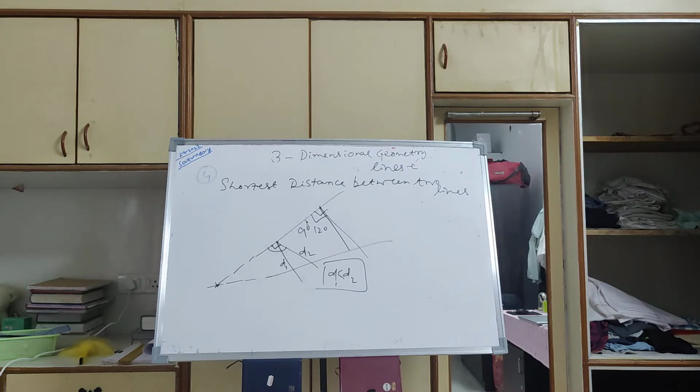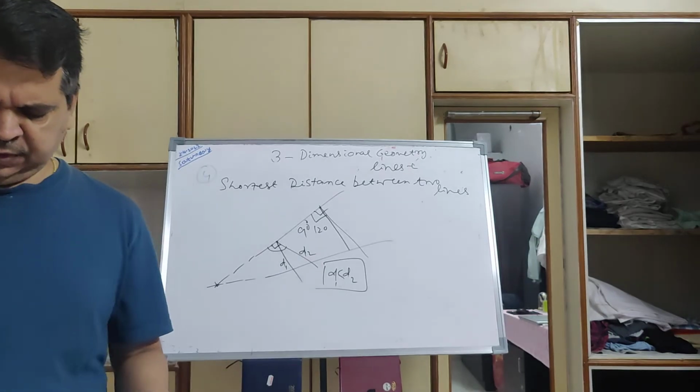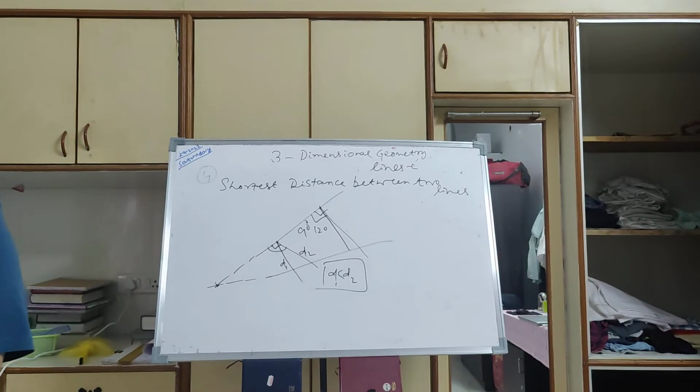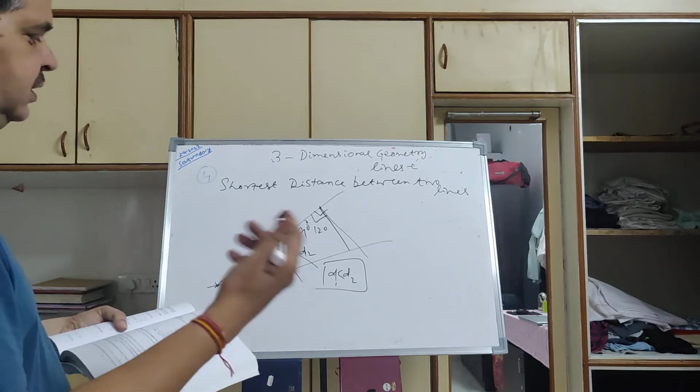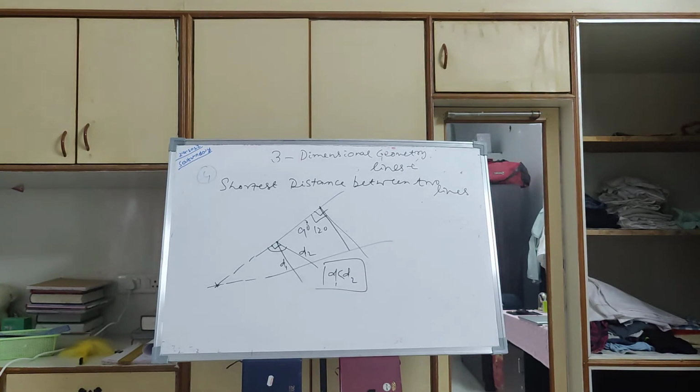Okay, so again, without going into the details of the derivation, the shortest distance between two lines in Cartesian form, like say, distance is a scalar, you know.